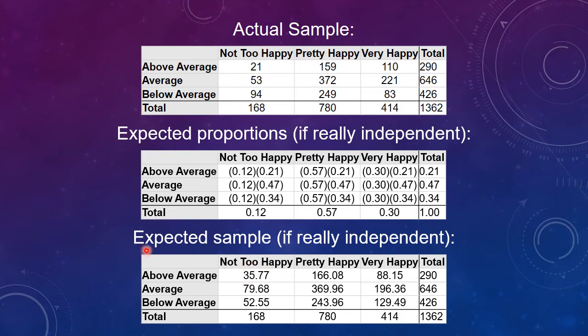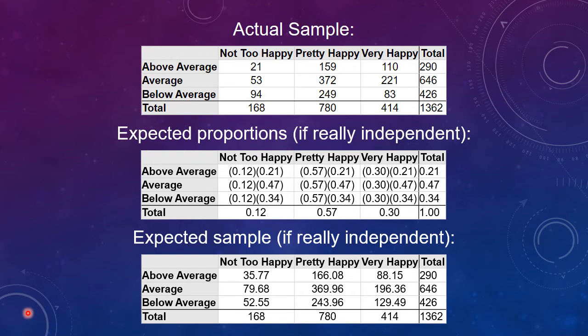Then we can multiply these marginal proportions to find the proportion of people who would be not too happy and have above average income if the two variables really were independent. This proportion is 12.3% times 21.3%, which is 2.6%.